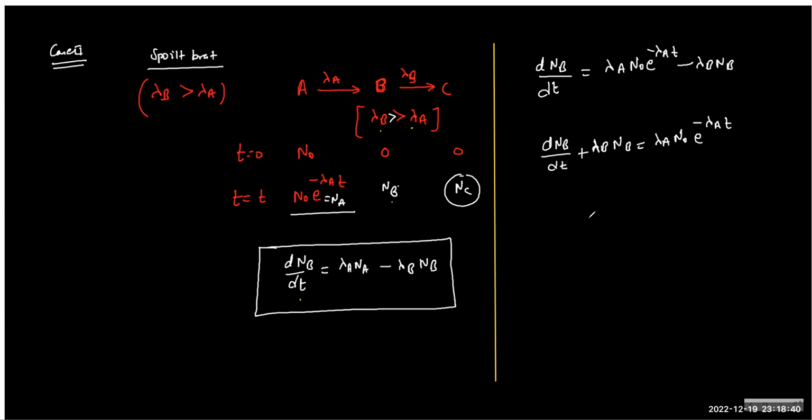And then we can write it as dNb plus lambda b Nb dt equals lambda a N naught e power minus lambda a t.